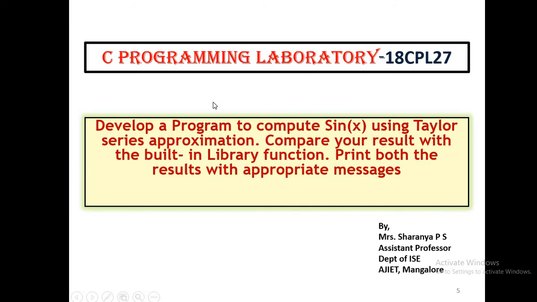Here the main objective of this program is to compute the sine of x, but by using the Taylor series. We'll see what this Taylor series is later and compare the result obtained with respect to the built-in library functions and the program output, and all the details need to be printed onto the screen as a final result.